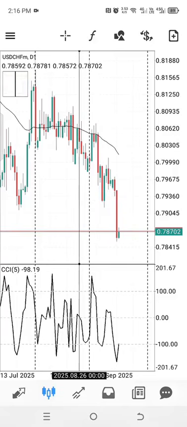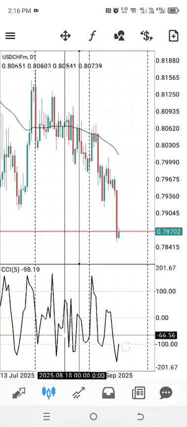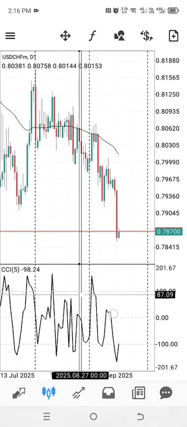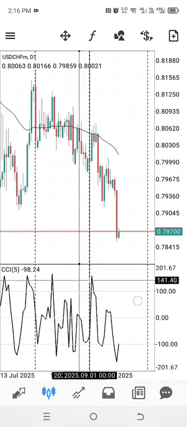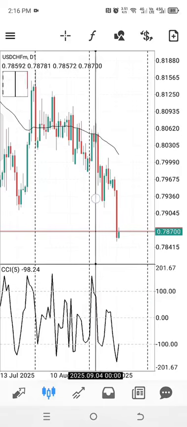Like I said, as soon as it touches it, I'm going to wait for the CCI to make a run from the top to the bottom. Now in this case, if you notice, the CCI was not coming from the top. I can ignore that and wait for the next one.